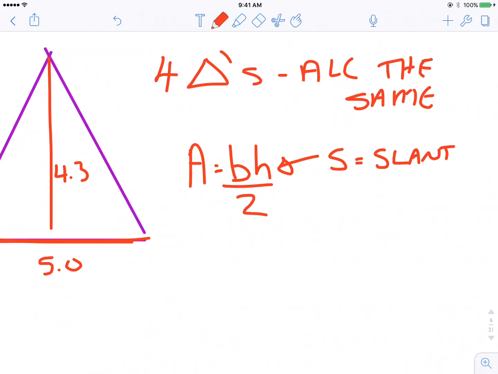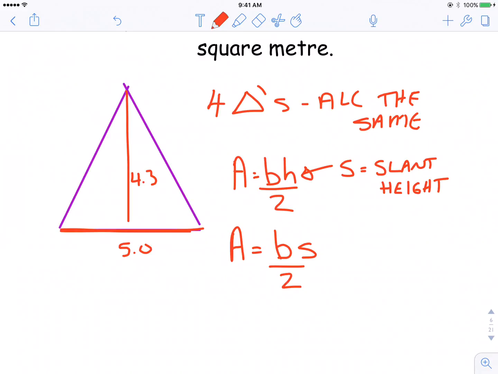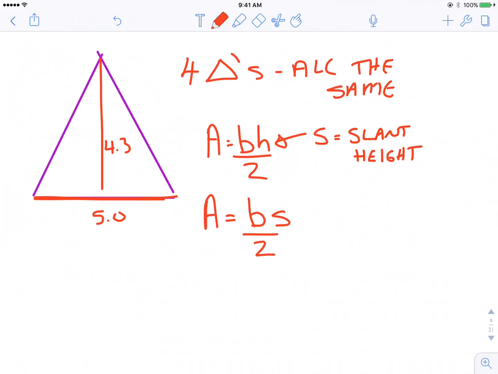Now slant height on these three-dimensional objects is the height on that external or lateral face. It's not the internal height from the center of the object up. And when we get into volume and doing some more calculations with surface area, we'll talk a little bit more about that as well. So this formula should read area is equal to base times slant height divided by 2. Now that's for one of those triangles, but we know that there are 4 of them. So we just have to remember to multiply our answer by 4.